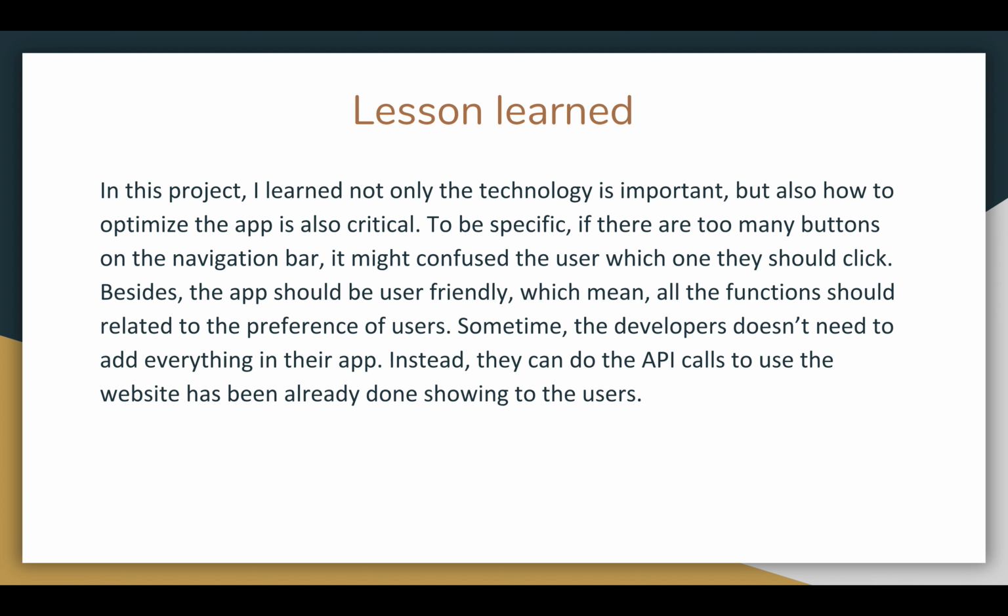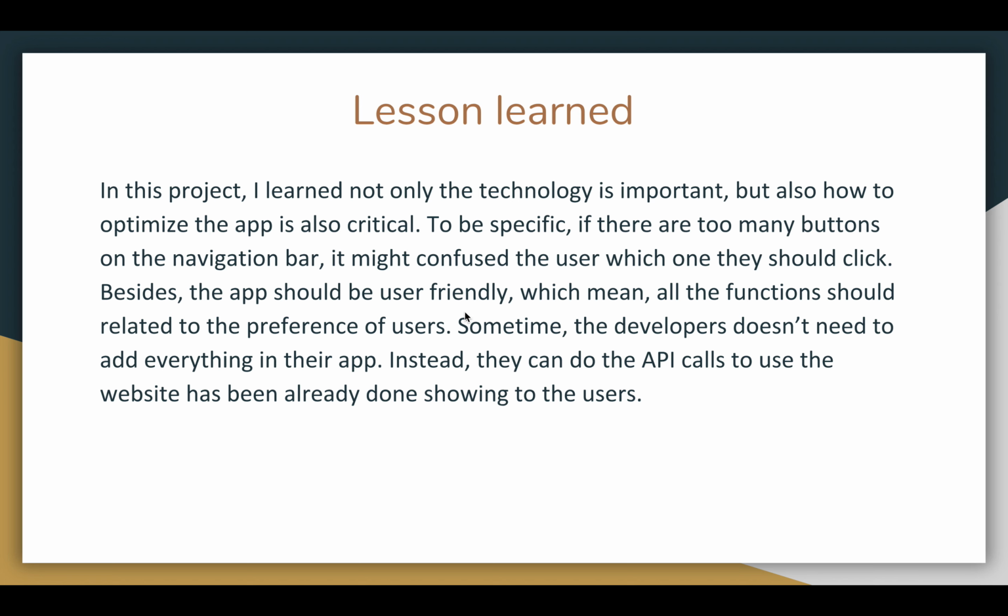Besides, the application should be user-friendly. What I mean is that all the functions should be related to the preferences of users. If most people don't like a function, then it is useless, so you might not need it. You can put in more important things, what people like.